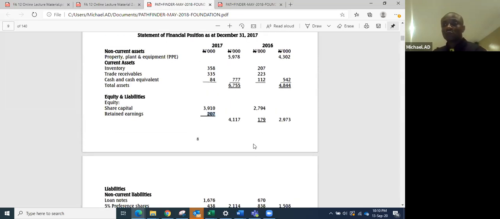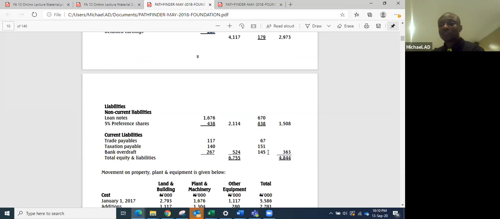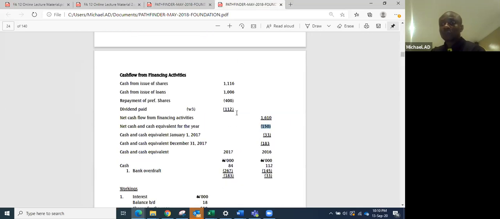So then we now subtract. Cash and cash equivalents, 112 minus 145. The 112 minus 145 is what gives us negative 33 naira. That is cash and cash equivalents at the beginning of the year. So when you add this figure together, negative 33 plus 150, it gives you 117. So at the end of the day, you have 183.